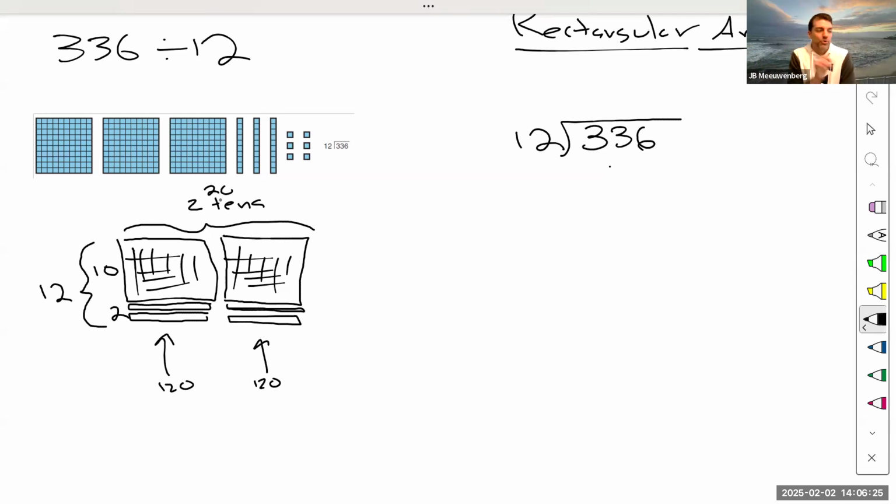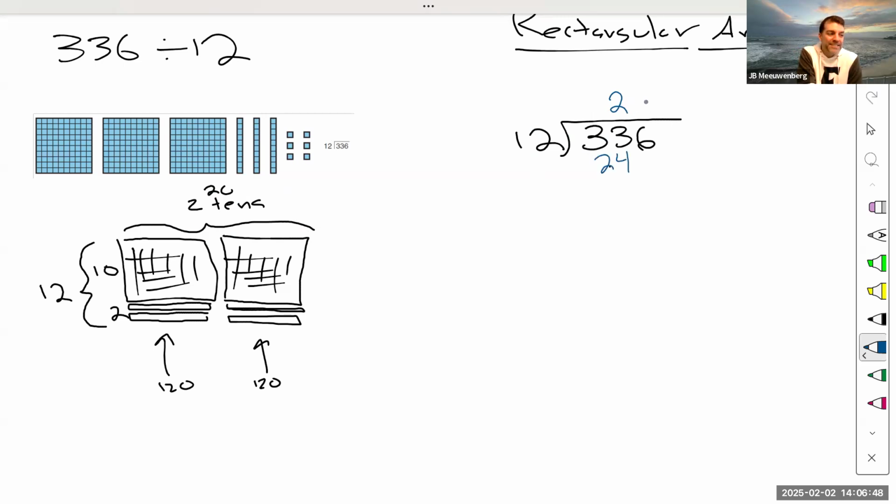How does that link to our long division? Well, where would we put the 2? Right there. Before I wrote 20 like that on the previous problem, I'm just going to write 2 this time, because again, I've got 2 10s this way in my array. 2 times 12 is 24.